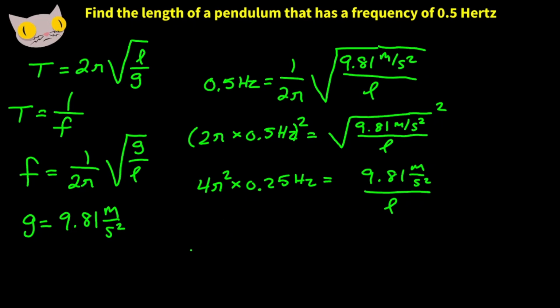So we have L is equal to 9.81 meters per second squared over 4 pi squared times 0.25 hertz.